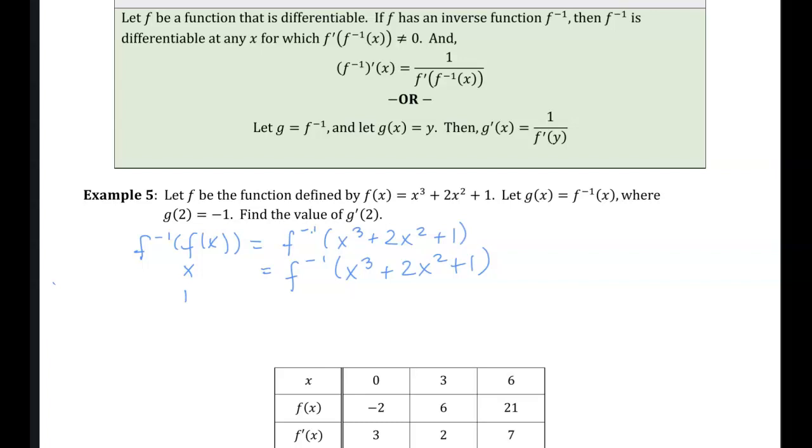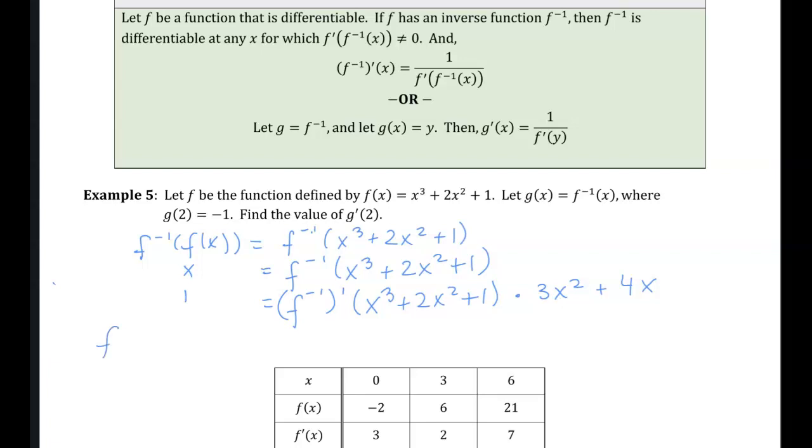of x is 1. The derivative of f inverse is f inverse prime of x cubed plus 2x squared plus 1 multiplied times the inside derivative, which is 3x squared plus 4x, and then solved for f inverse prime of x cubed plus 2x squared plus 1 by simply dividing.